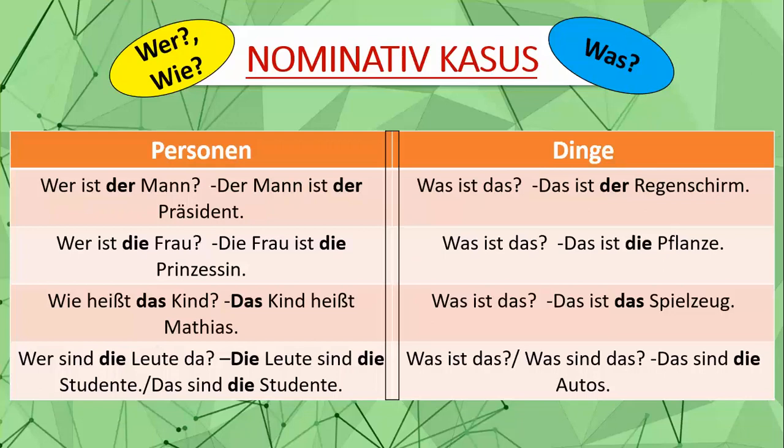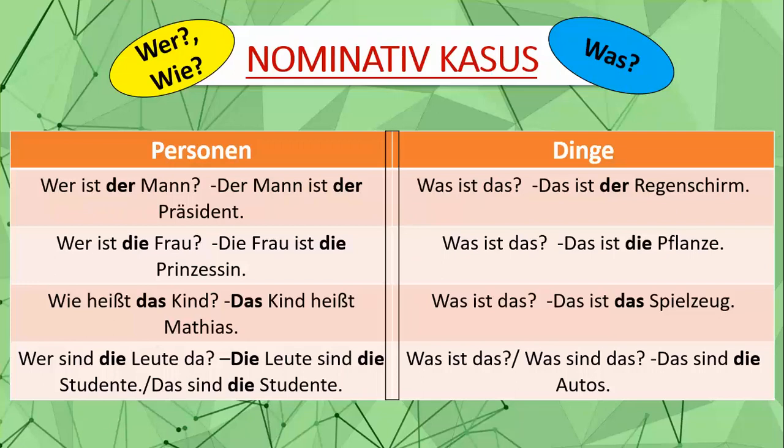Then another way to recognize that this case is being used is to note that the articles, both definite and indefinite articles, the negation word kein, and personal and possessive pronouns, even the adjectives, as you will see later on, will remain in their original form.